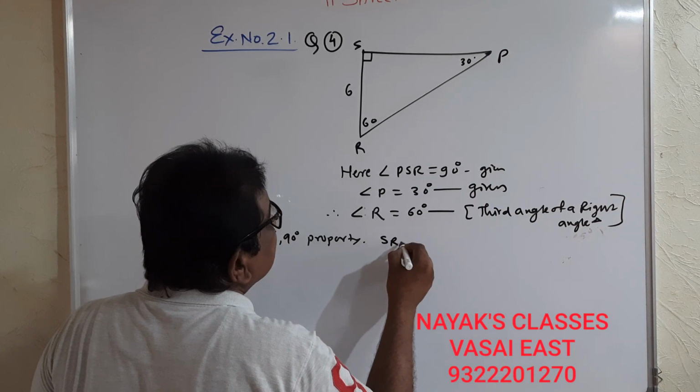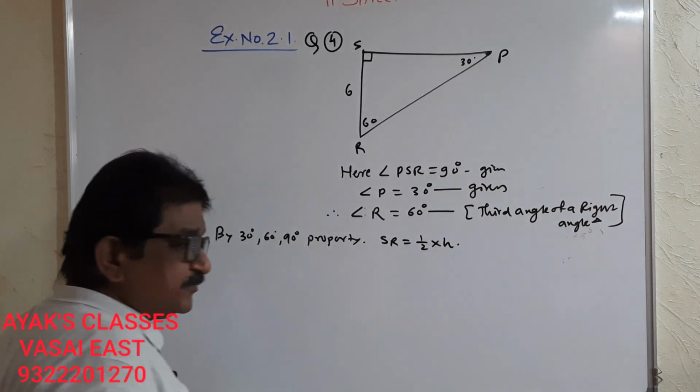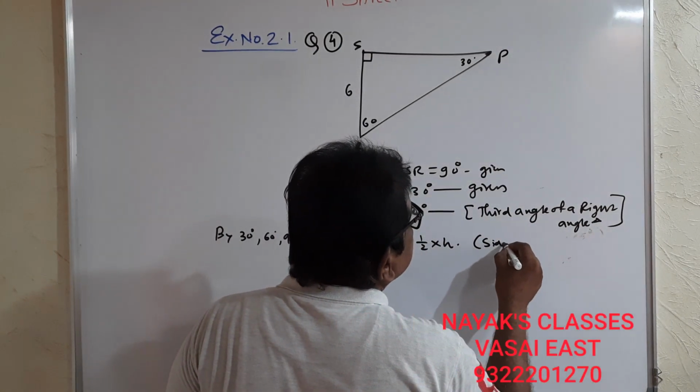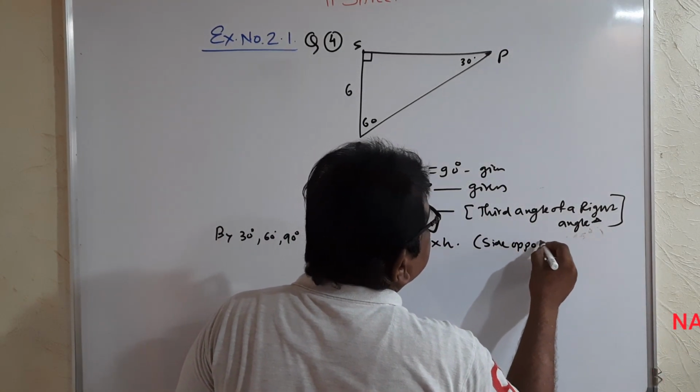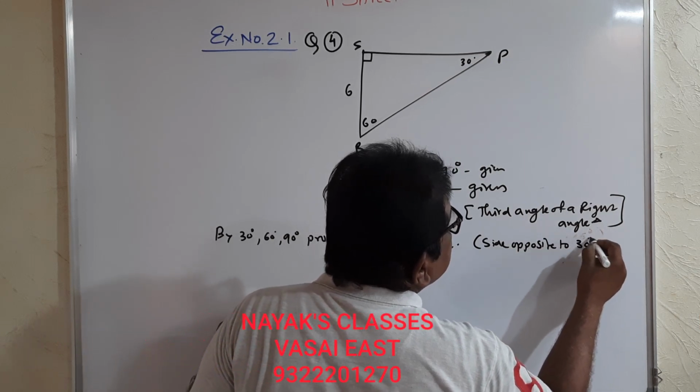So SR is equal to half into hypotenuse, the side opposite to 30 degrees.